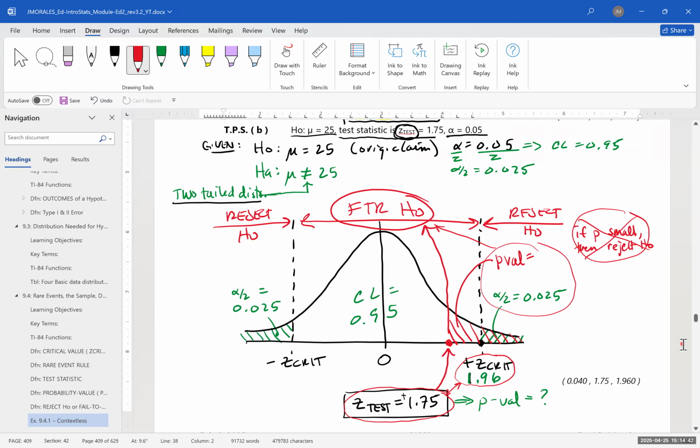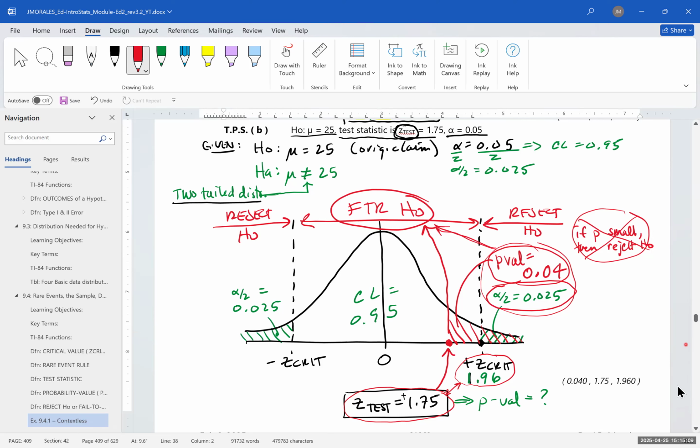Come back over here. That's going to be 0.04. And if you compare this area to the significance level divided by 2, you can clearly see that the p-value is larger. So because the p-value is larger, we're not going to reject the null, we're going to fail to reject the null.